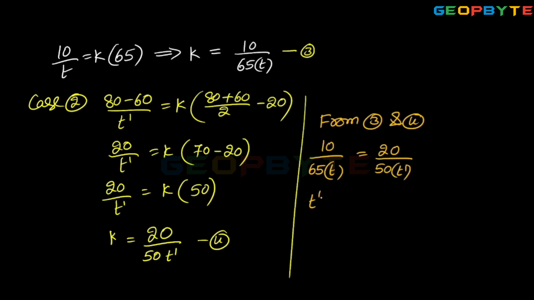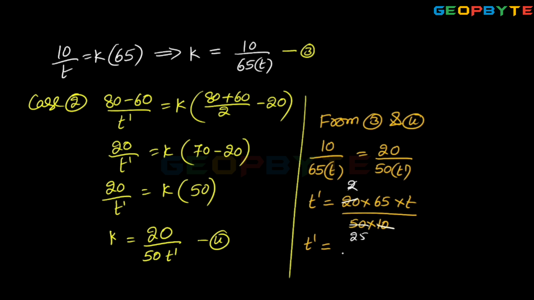From this T dash equal to 20 into 65 into T by 50 into 10. So T dash equal to, here 10, 10 two times, 2, 25 times.